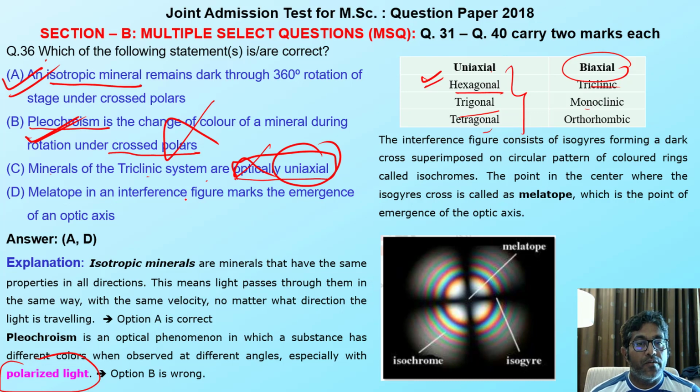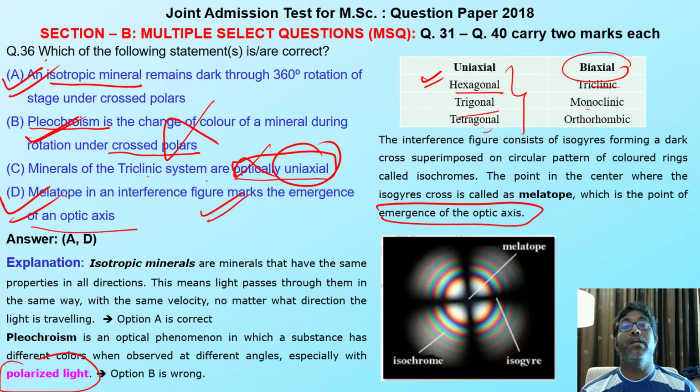Melatope is an interference figure marking the emergence of the optic axis. See, this is just a simple definition. Melatope is the point of emergence of the optic axis. So my D option is my correct answer.